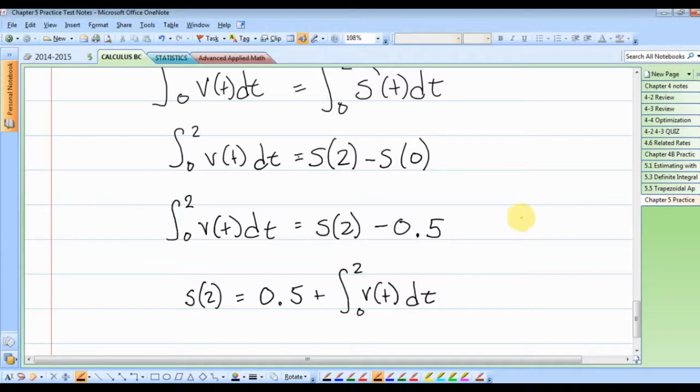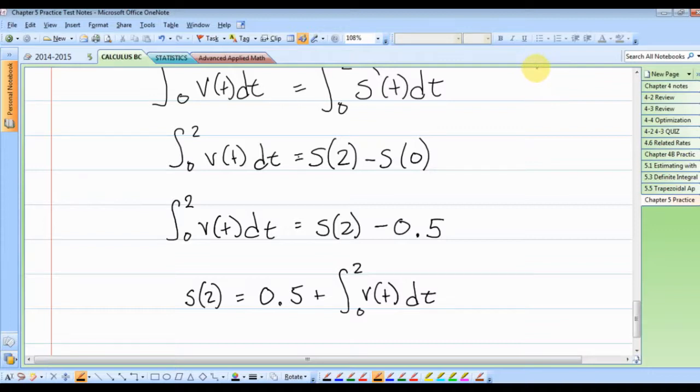Algebra. So that's an integral expression that gives the value of s at t equals 2. We don't need to find the number.